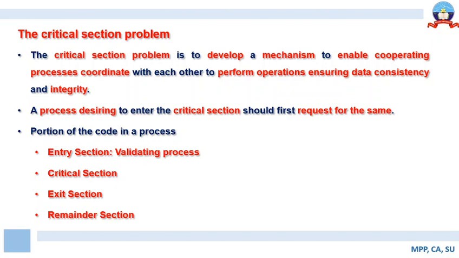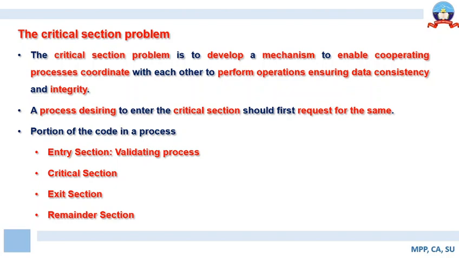Entry section is a section that validates whether a process should be allowed to enter into its critical section or not. Once a process is allowed to enter into its critical section, it will execute its critical section, and eventually there should be a section that allows the process to exit from its critical section. So that is called as exit section.